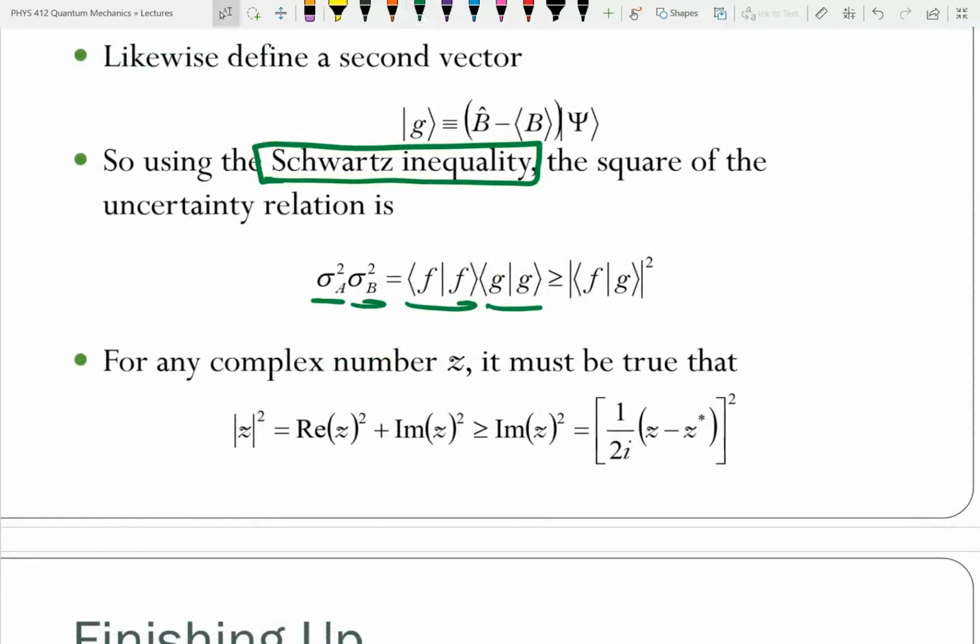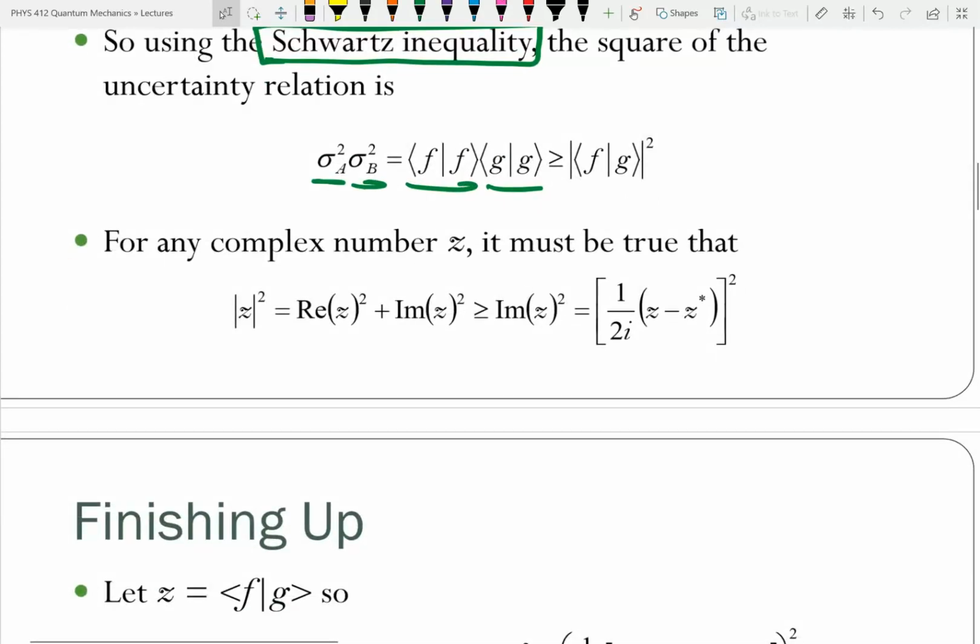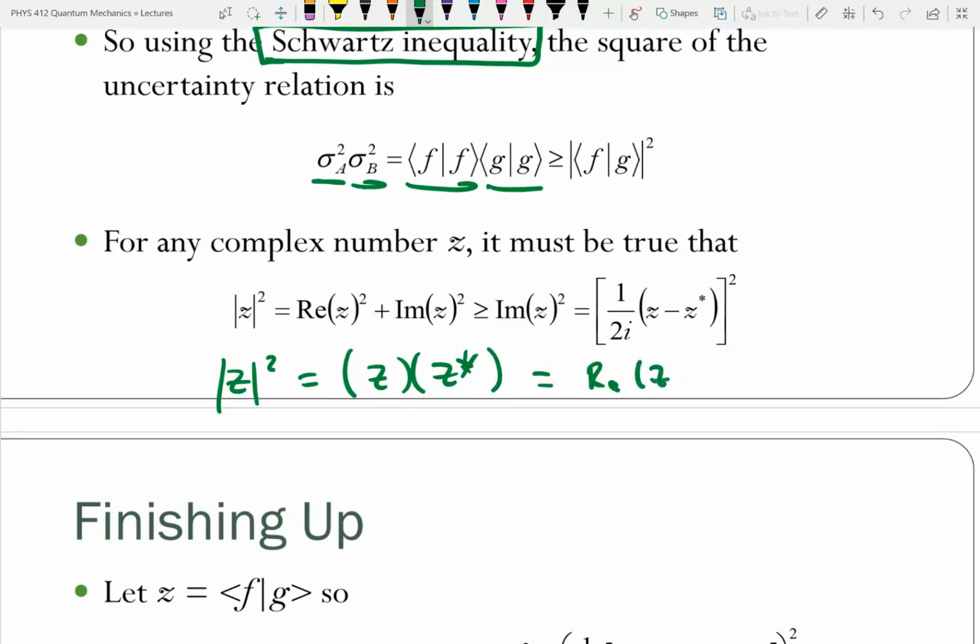So just applying that Schwarz inequality, we now have what seems like a non sequitur. When I was going through this, I was like, wait, do I have something out of order? I had to look back in the textbook to make sure I didn't have things out of order. The magnitude of Z is, by definition, well, minus, it's not minus.